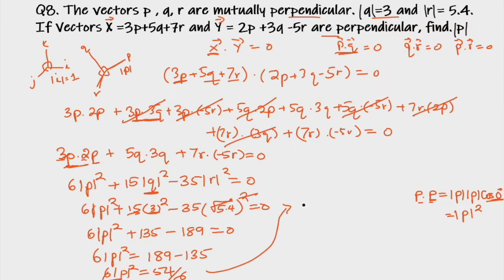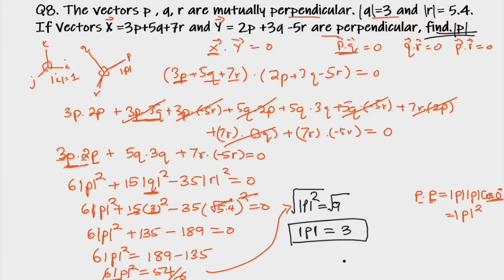We get absolute P square is equal to 9. Square root both sides. Absolute P has to be positive 3, not negative. When we square root a number, we write negative, but an absolute value cannot be negative. So this is the answer. The magnitude of P is 3.